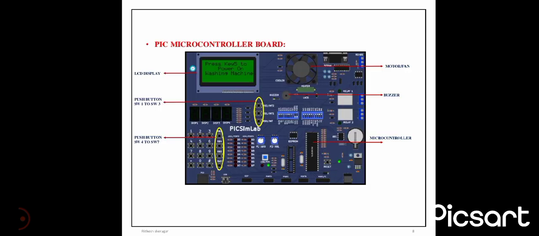This is the PICSimLab board. Here we can see many of the peripherals like LCD display, push buttons, push button LEDs, buzzers, fan or motor, microcontroller, etc. This is the PICSimLab software.